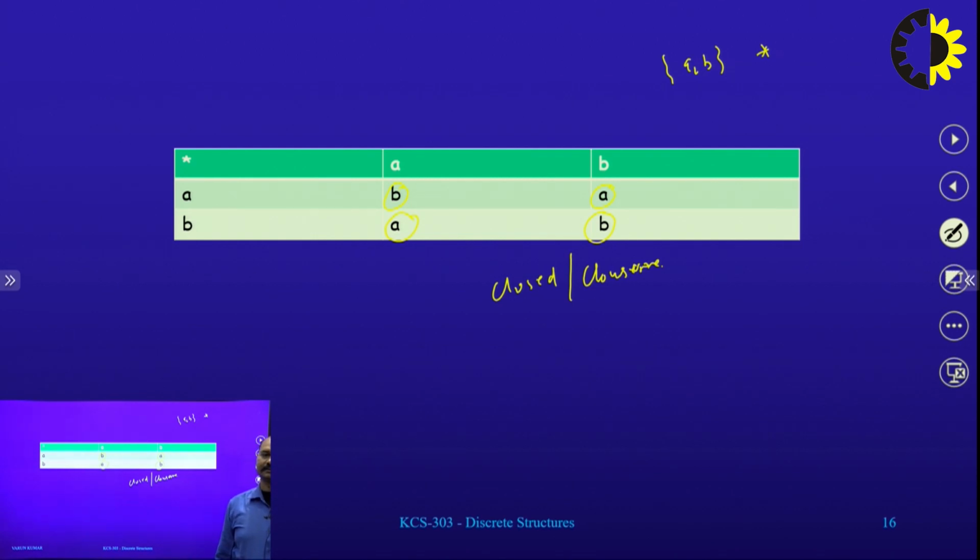Then the second one, that is the associative property. We take 3 elements of this set under this binary operation: A binary operation B, binary operation A must be equal to A binary operation B, binary operation A. What is B binary operation A?